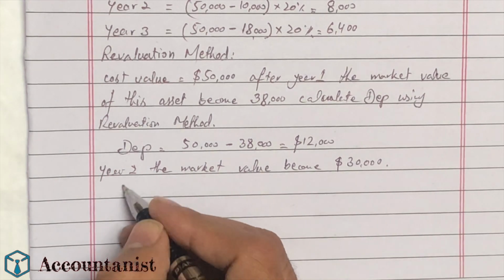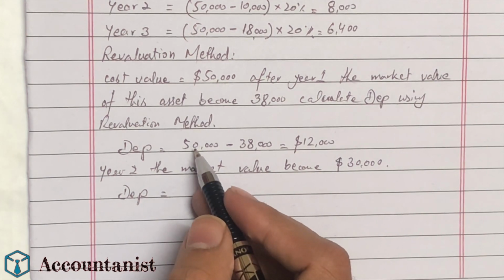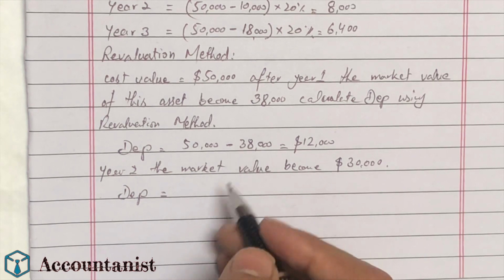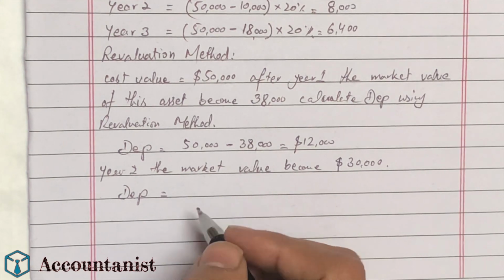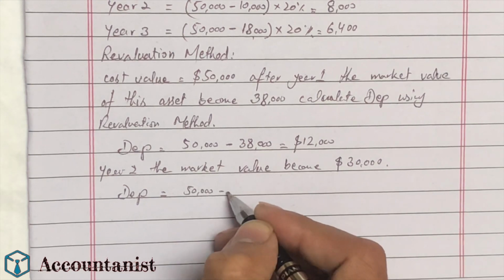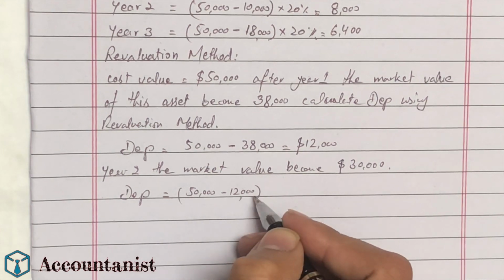Here we have to remember that it's again the same as the reducing balance method, meaning we will go with the net book value. So the net book value will be the 50,000 less 12,000, meaning 38,000.